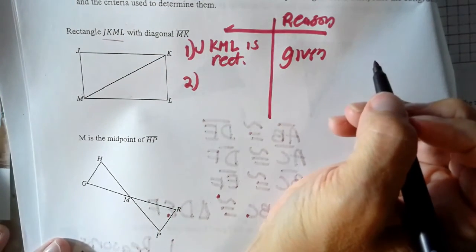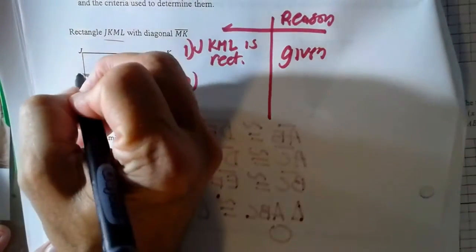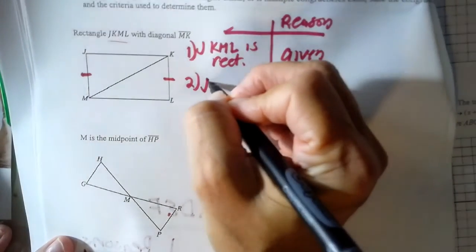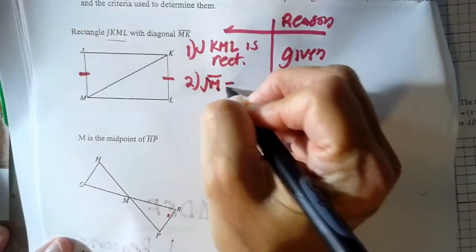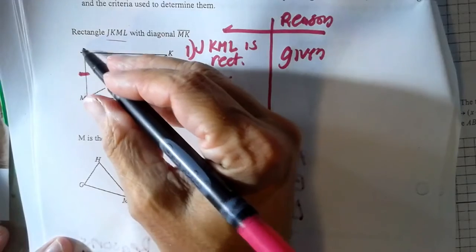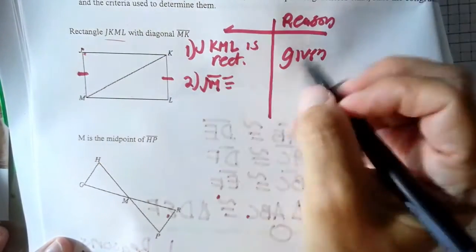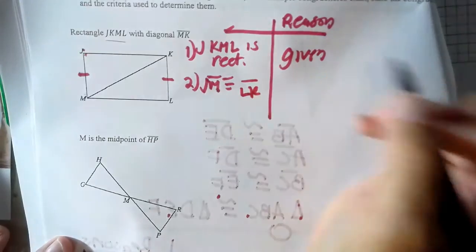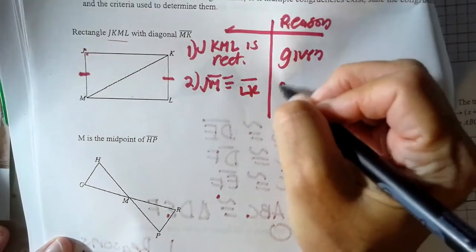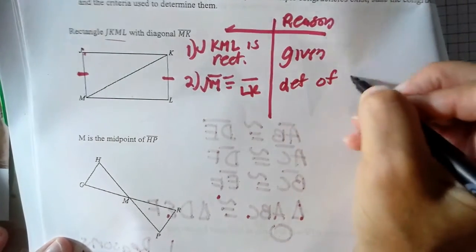Okay? Well, what do we know about rectangles? We know that those two sides are congruent. JM is congruent to LK. I look for the right angle, J, and go to L. And how do I know that? That's definition of a rectangle.